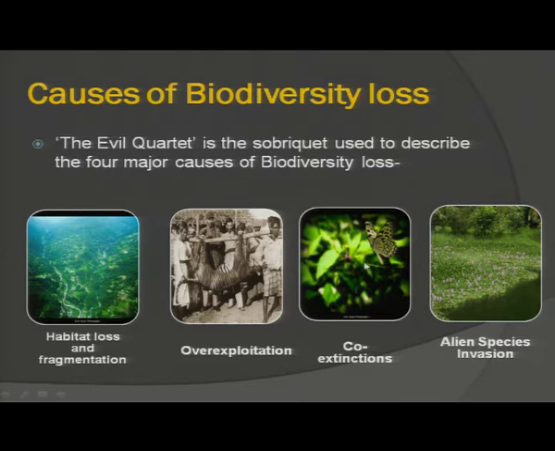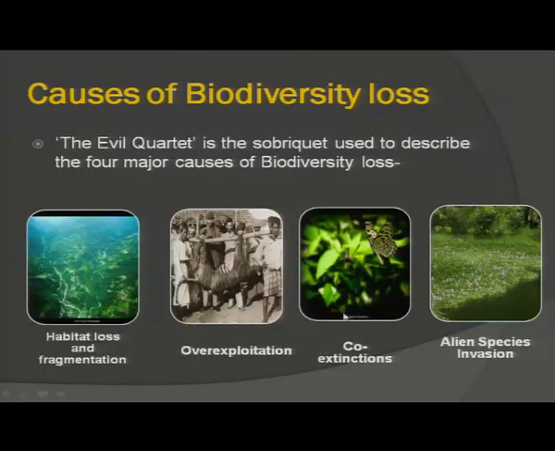The next one is co-extinction. You can see a picture of a butterfly, and it helps in pollination. There are some plants which are intricately linked with certain species of animals or insects, which help in their pollination, and if that pollinator is not present, the plant will also automatically die off.